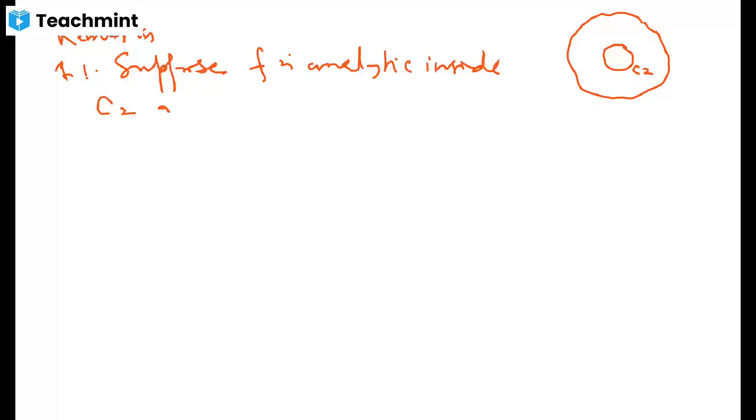Now suppose f is analytic inside C2 also, except at z naught only. It is analytic everywhere except at z naught only.